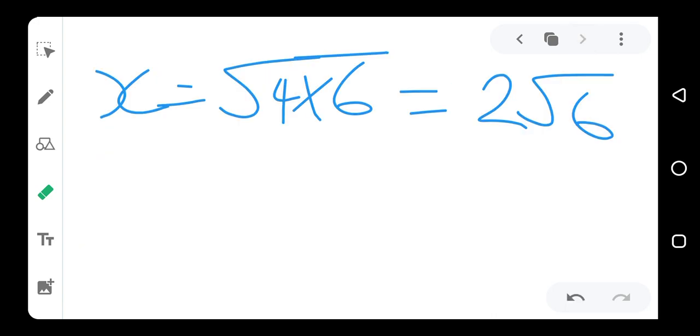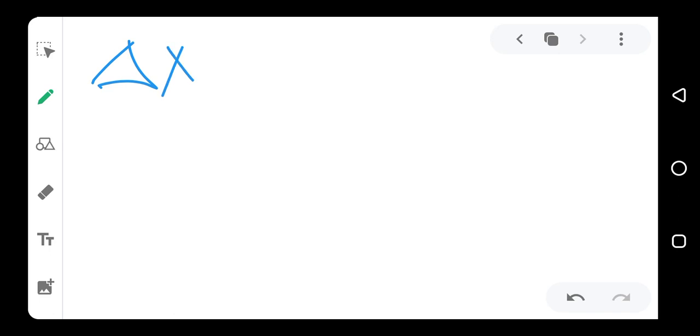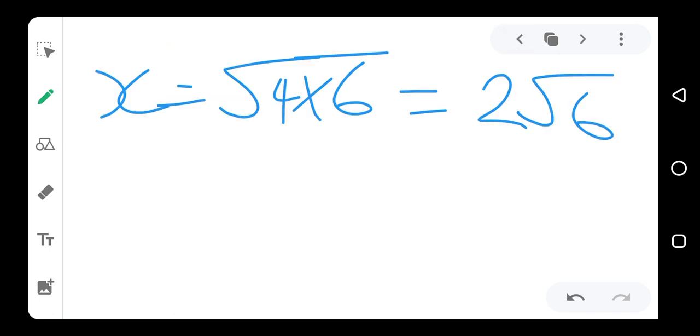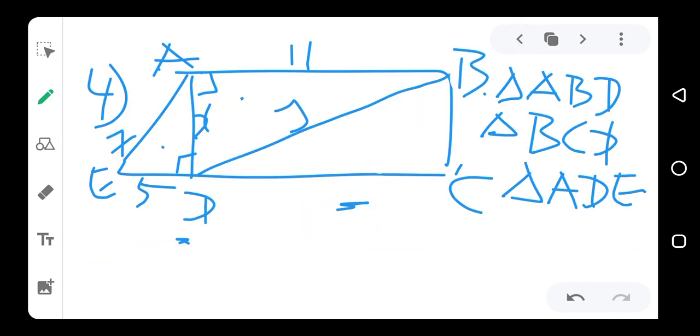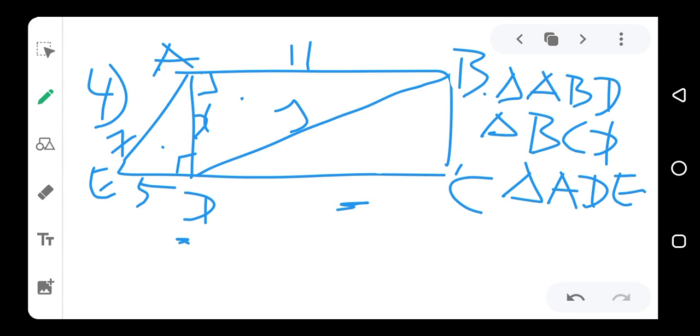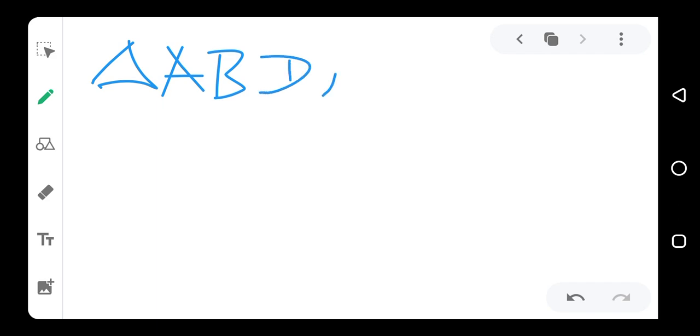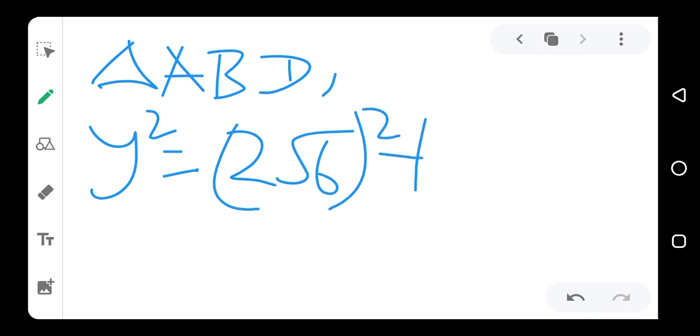Now we've solved triangle ABD. For triangle ABD, we have that y squared is equal to 2 root 6 squared plus 11 squared.